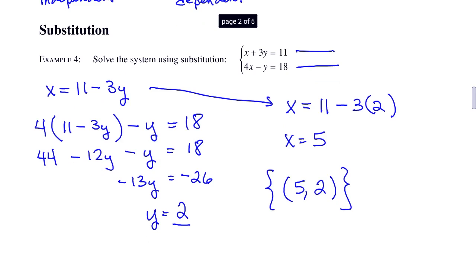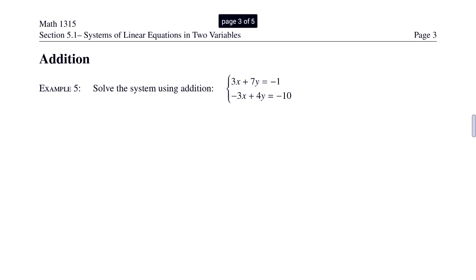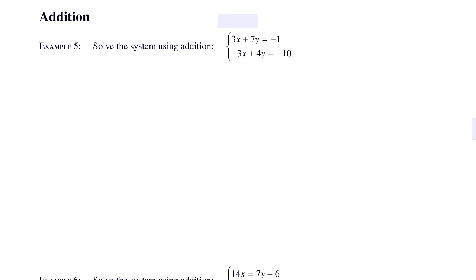All right, let's look at the addition method. Solve the system using addition: 3x + 7y = -1, and -3x + 4y = -10. So the trick to the addition method is to line up the variables in columns.